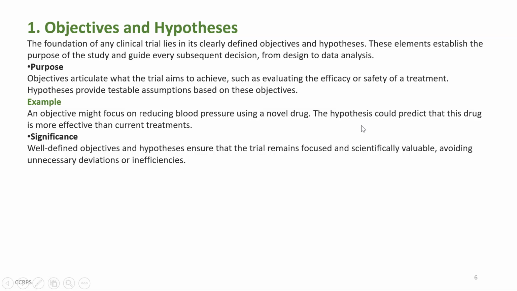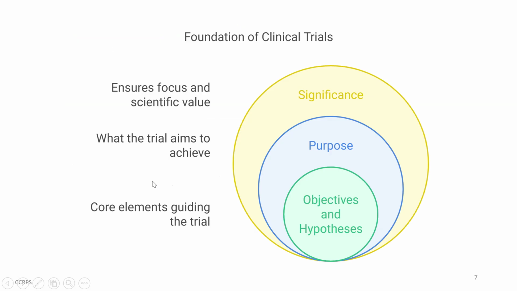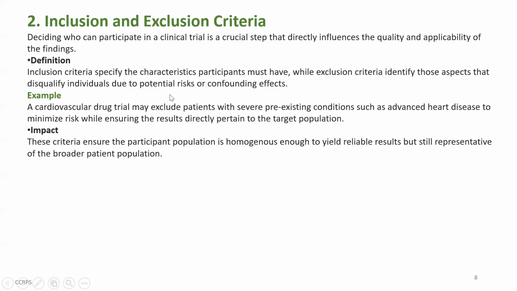The hypothesis could predict that this drug is more effective than current treatments. So, this is a simple, perfect example. Significance here: well defined objectives and hypotheses ensure that the trial remains focused and scientifically valuable, avoiding unnecessary deviations or inefficiencies. And here is a diagram on foundation of clinical trials.